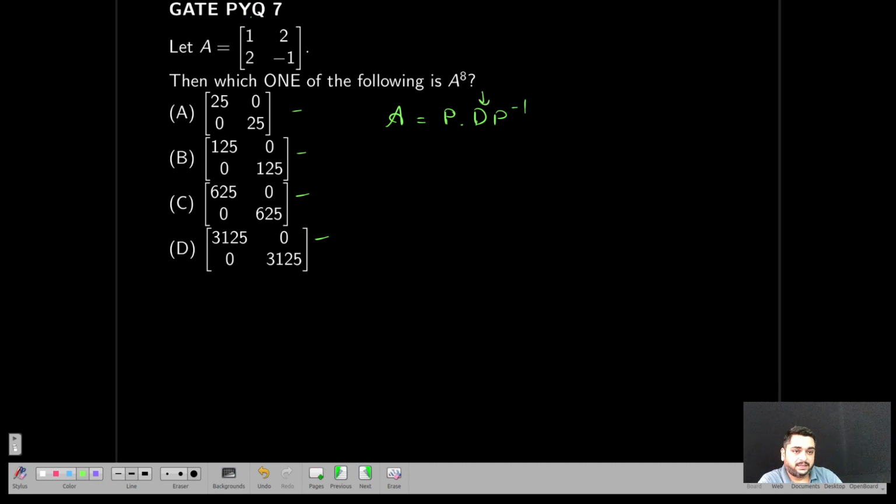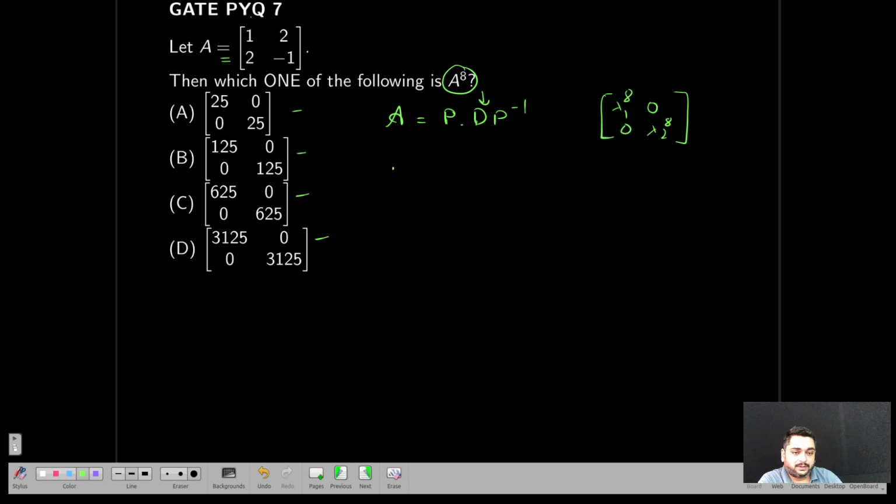D is nothing but lambda 1, 0, 0, lambda 2. This is how we write the diagonal matrix. Now, they are asking for A to the power 8, so A to the power 8 is a diagonal matrix with lambda 1 to the power 8 and lambda 2 to the power 8. So first you find lambda 1 and lambda 2 of this matrix, then you'll get the answer.